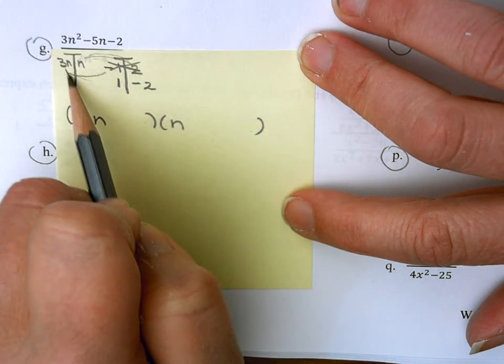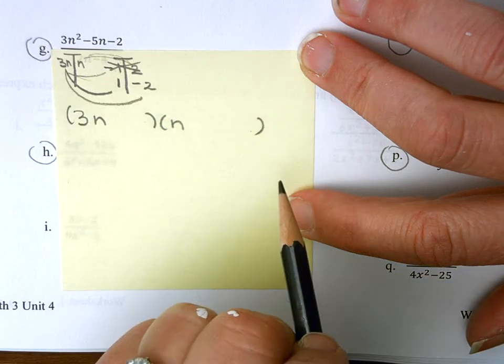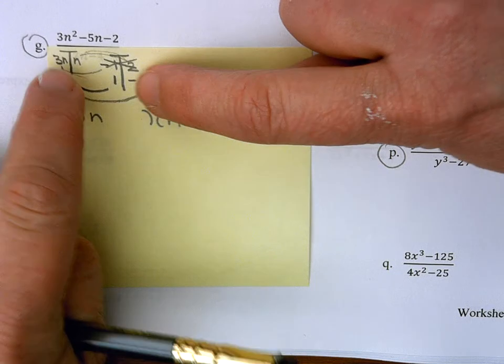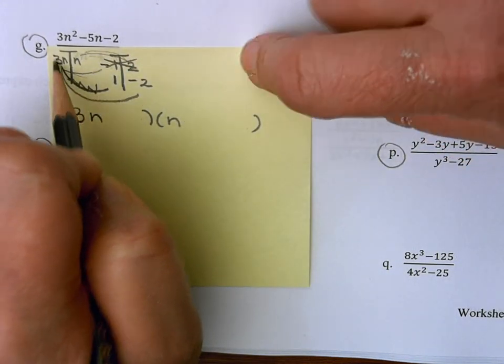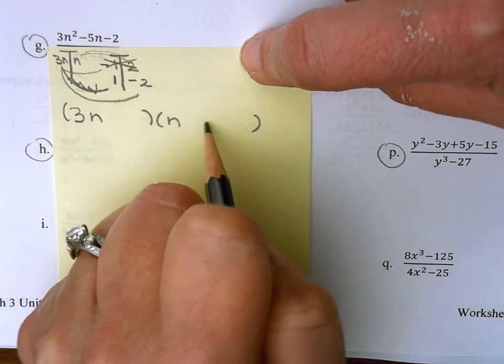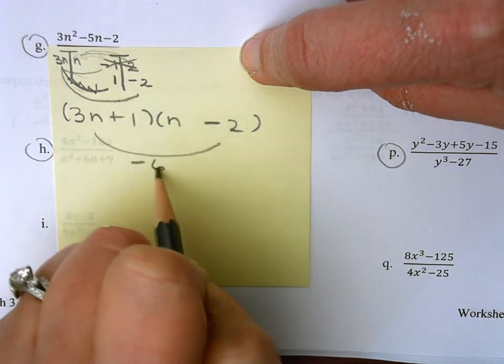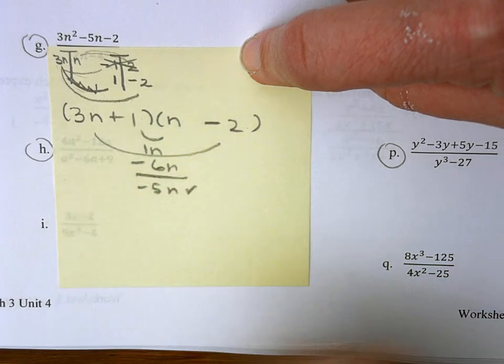If I multiply the 3 to the 1 here, and to the negative 2 here, that gives me the negative 6 and positive 1. So I want 3 to multiply to the negative 2. Again, that's negative 6 and 1, which gives me the negative 5.